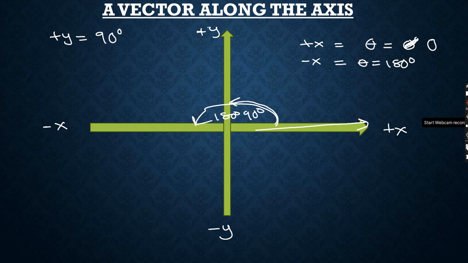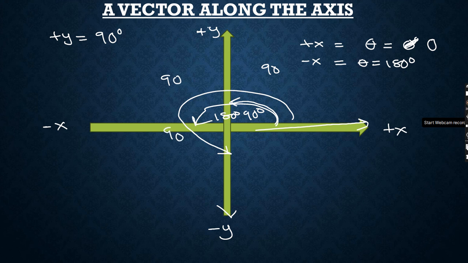Okay, so now let's say the vector is moving in the negative y direction. When it is moving in the negative y direction, it means it is starting from here all the way to where negative y is. Here we have 90, here we have 90, and here we have 90.